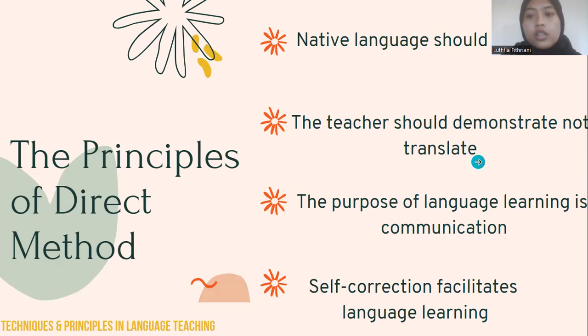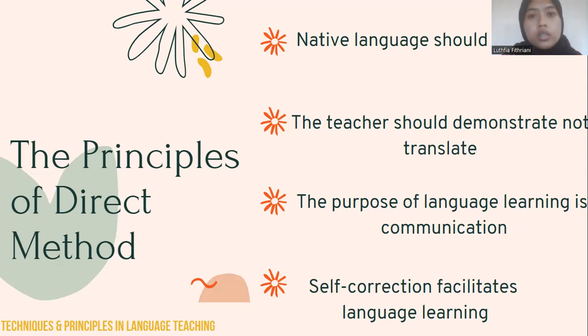Second, the teacher should demonstrate, not translate. Since the teacher cannot use native language in the classroom, to explain the meaning of the target language to the students, the teacher should demonstrate the words. For example, the students haven't known yet the meaning of apple.